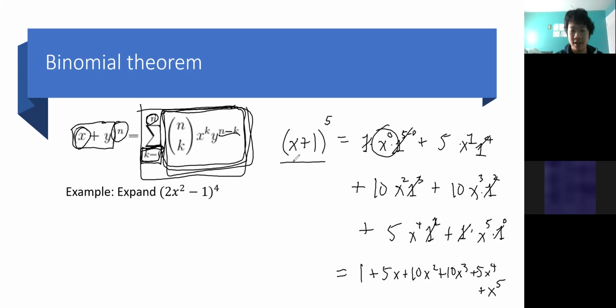And that is the expansion of x plus 1 to the fifth power. Okay? If you were to manually multiply that out, you get the same thing, but this is actually a lot faster than that. Okay? So let me do another example for you guys.